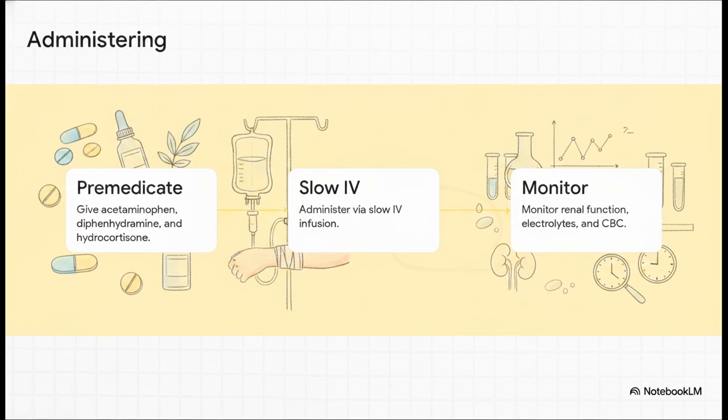Doing that helps mitigate that terrible shake and bake effect. And finally, you have to continuously monitor their renal function. You're keeping a hawk's eye on daily weights, I&Os, BUN, and creatinine, not to mention their electrolytes and complete blood count. Now, side note, liposomal formulations are available nowadays and they're slightly less toxic, but don't let your guard down. The clinical vigilance required remains exactly the same.